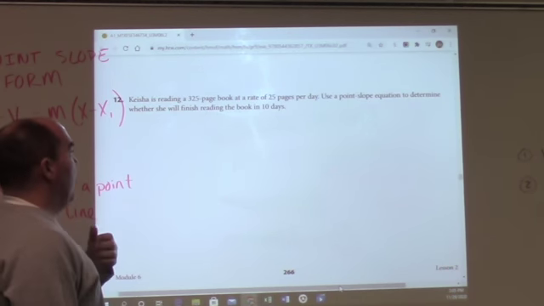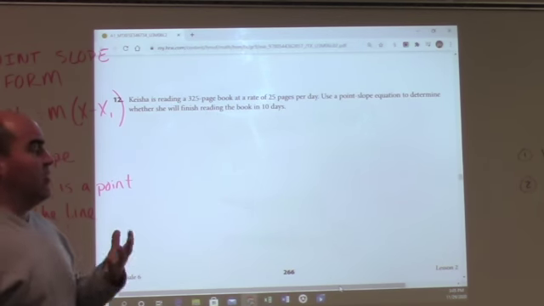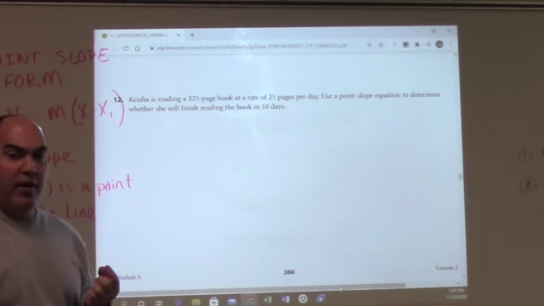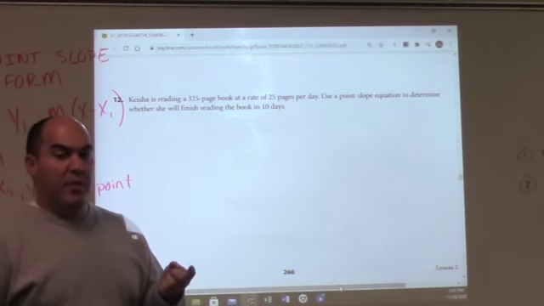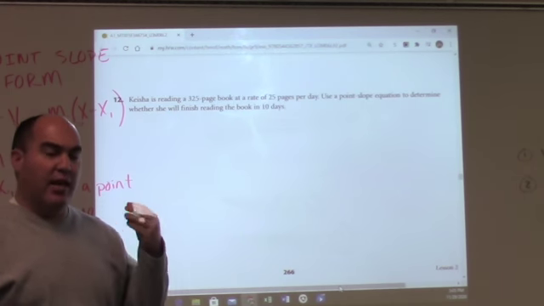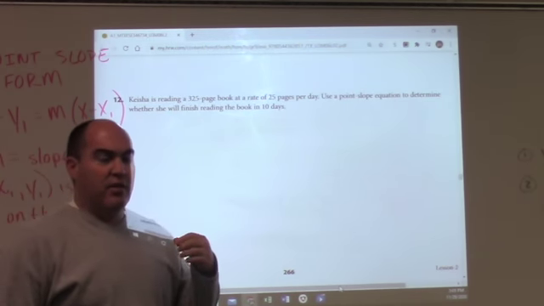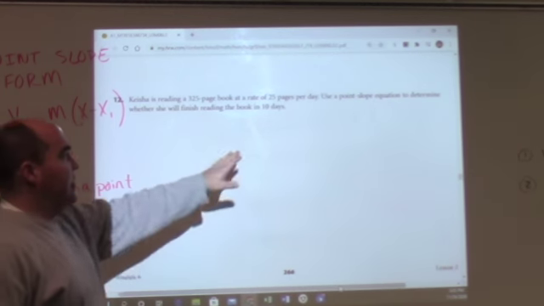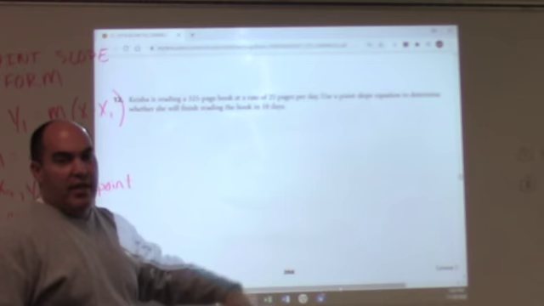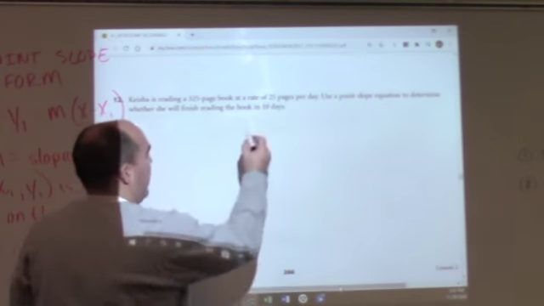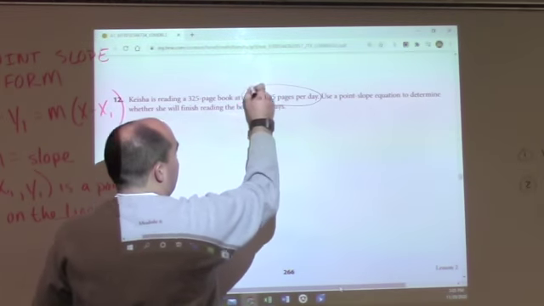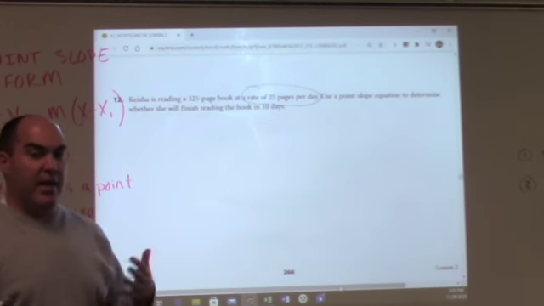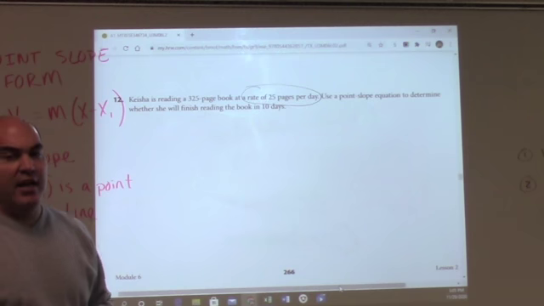The slope is pretty easy to figure out. You're going to look for the word per. Could be miles per hour, feet per second, dollars per shirt, something like that. In this case, it's pages per day. So the 25 pages per day is the rate, and remember the slope is the same thing as a rate, the rate of change.